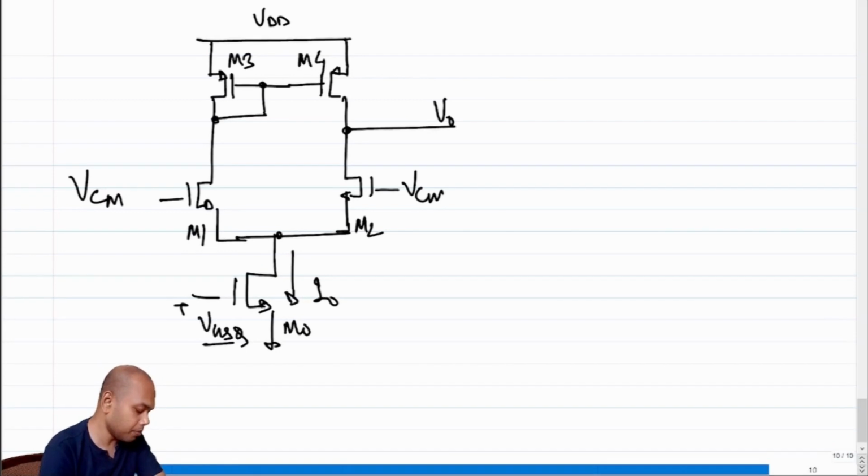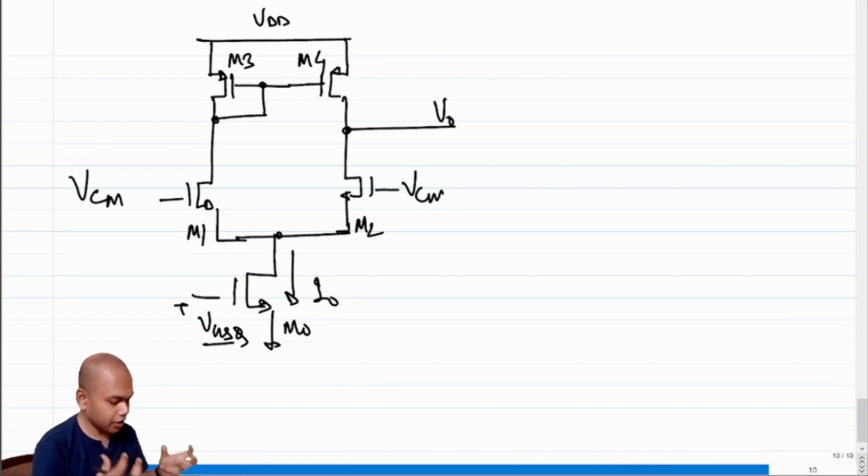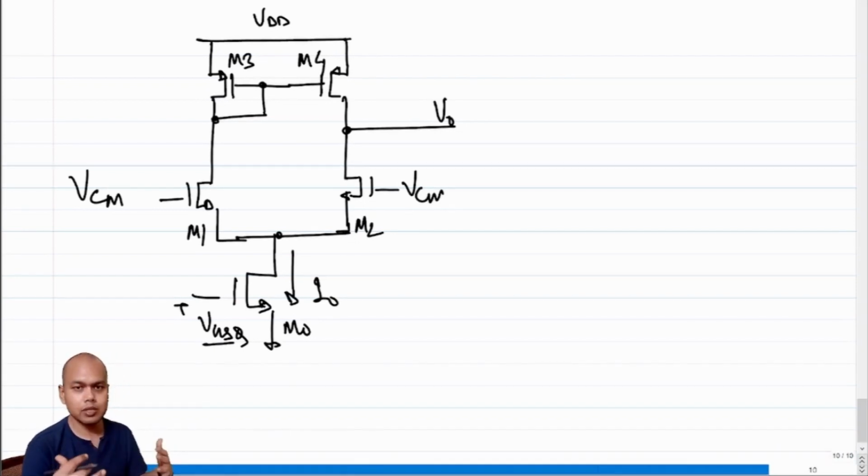We are applying the input to the inputs of M1 and M2, right? So if we have transistors biased using VCM, essentially we are asking how far can you push the VCM up or down before the transistor goes out of its operating region? Or rather, which transistor will start going out of its operating region? That is of interest to us.